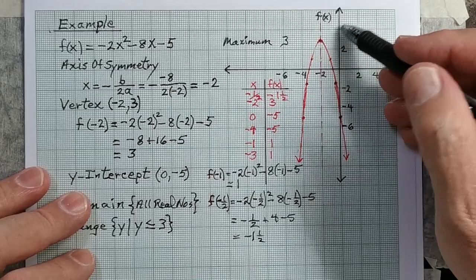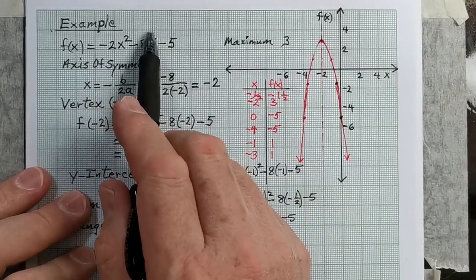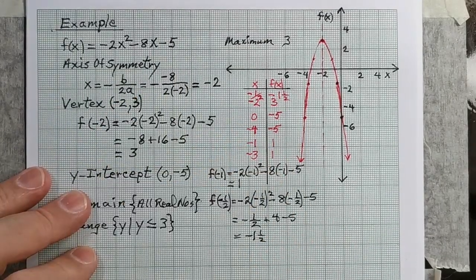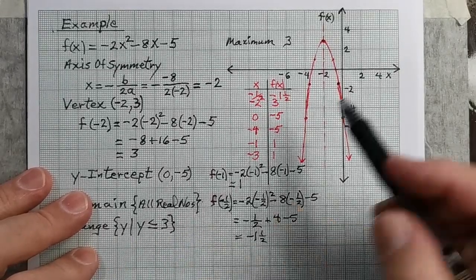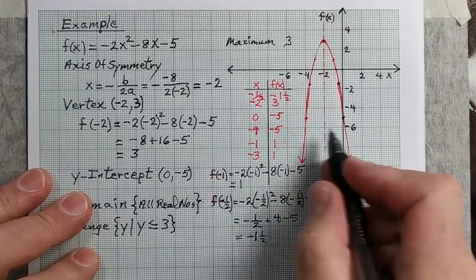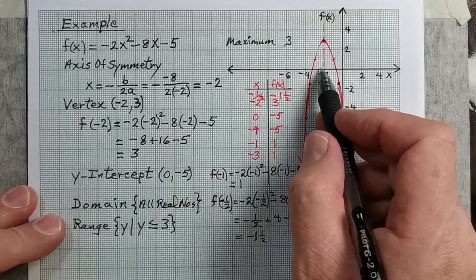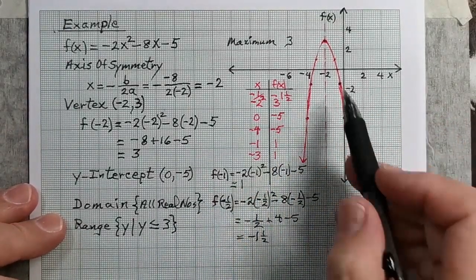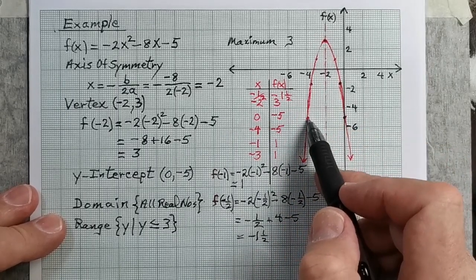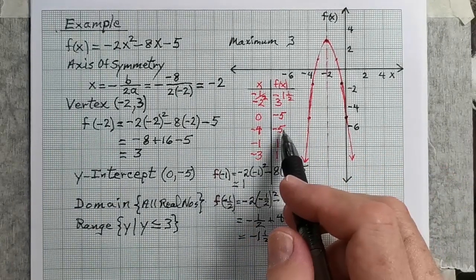That's always an easy one to find because you just put 0 for x. We put 0 for x, this term 0, this term 0, and we just have the -5. Subtracting 5 there from 0 is -5. So we got 0, -5. But we know the graph is symmetrical, so therefore on this side we also have a -5 when we go 2 units to the left of the line of symmetry. Just like we went 2 units to the right, we got -5, go 2 units to the left, you also get -5. So we were able to put in -4 and -5.